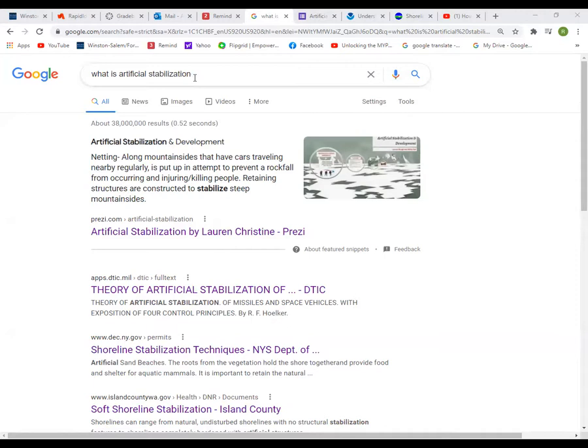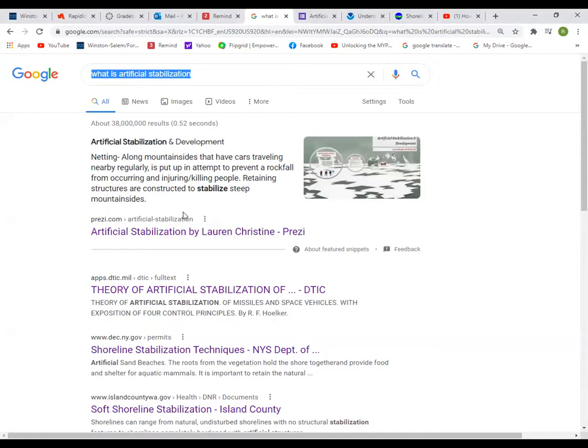Today I was researching about artificial stabilization, so I typed it in Google and this is what I found out. Artificial stabilization is a process of preventing erosion.